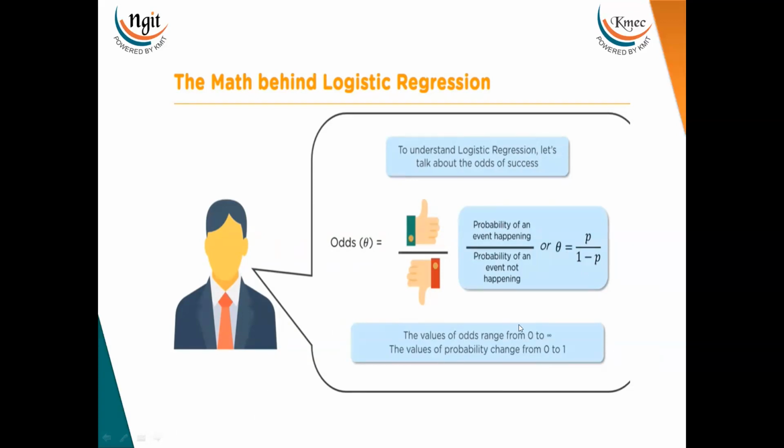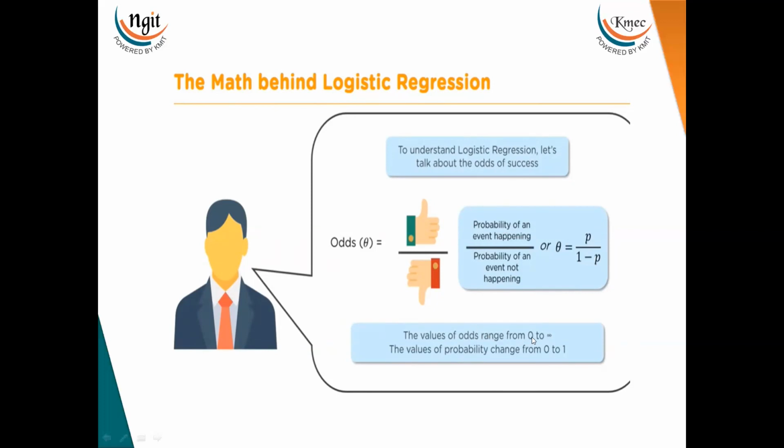The odds value will always range between 0 and infinity. Why? If your probability is 0, then your odds value will always be 0, because 0 divided by something is always 0. But if your probability is 1, then 1 divided by 1 minus 1 becomes 1 divided by 0, so your odds value becomes infinity.